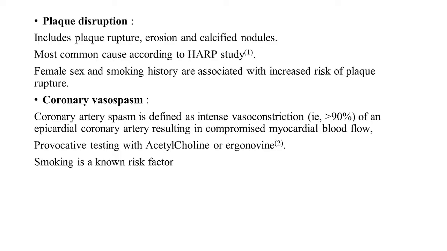It will affect both your large epicardial arteries as well as your small microvascular arteries. If this is happening for more than 90%, you can say that this patient has a diagnosis of coronary vasospasm.